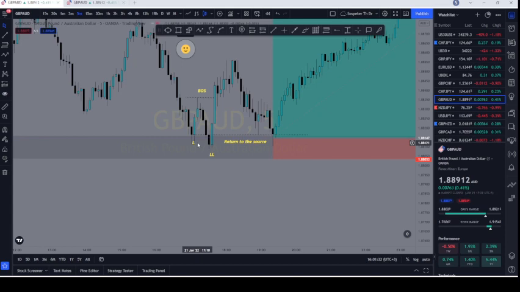So on the ICT model, what are we looking at? We can see a low and a lower low formed. Then there is the break of structure. There is an opposing order block; this order block gets taken out by this order block. This is the order block that pushed the price to break this zone.